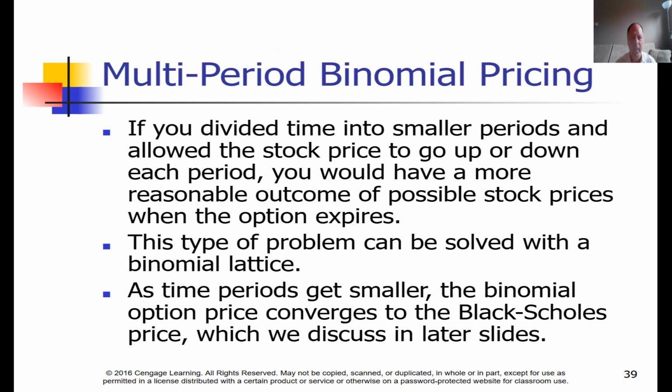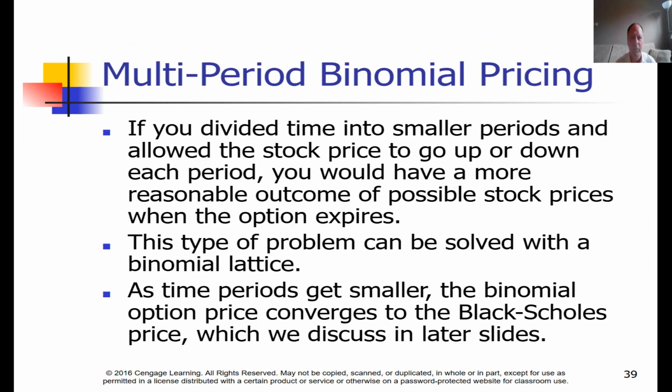The simple binomial model that we have looked at, which only has one step into the future, where you either go up or go down in 6 months, is not realistic, but it is a way of understanding how the binomial option pricing model works.